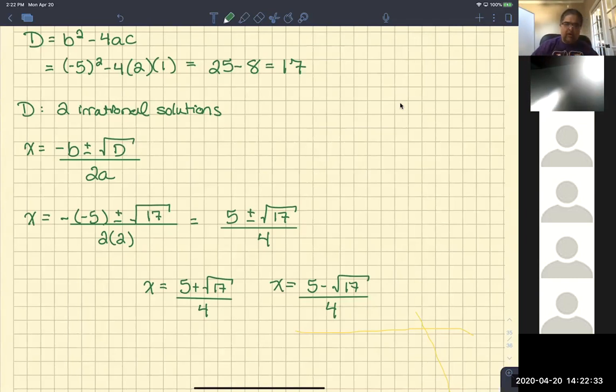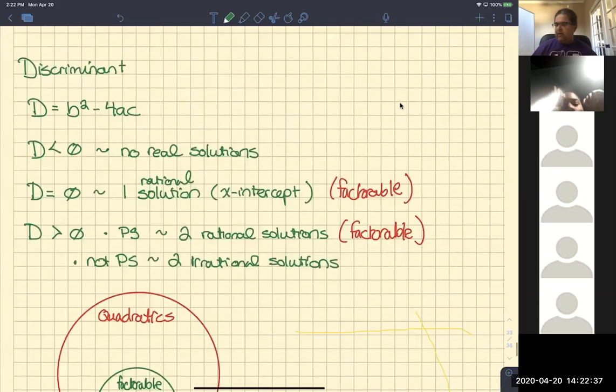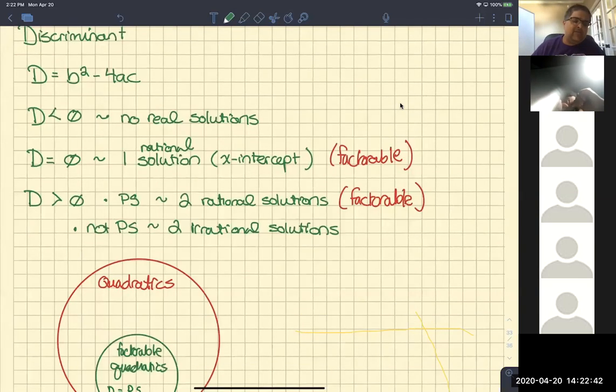And of course, the discriminant is b squared minus 4ac. If it's less than 0, that means you have no solution. If it's equal to 0, you have one rational solution. And if it's greater than 0 and a perfect square, you have 2 rational. And if it's not a perfect square, 2 irrational.